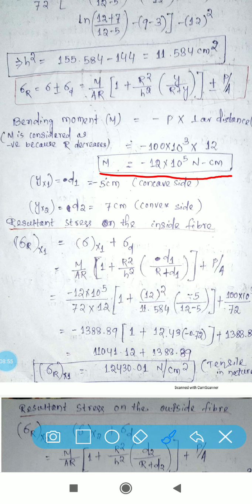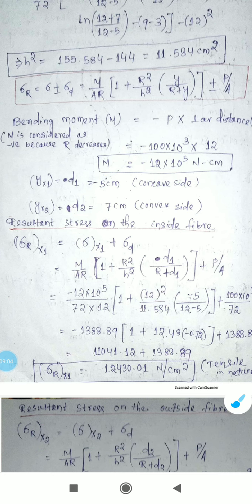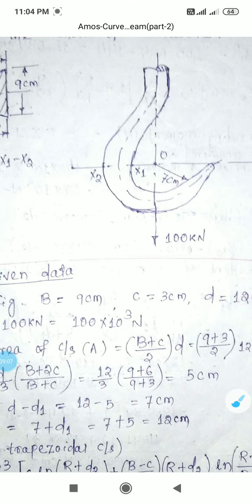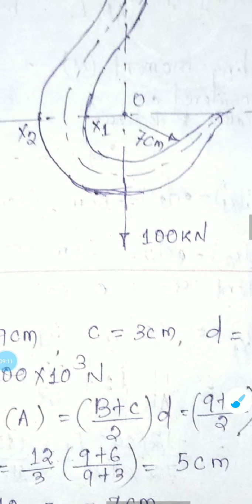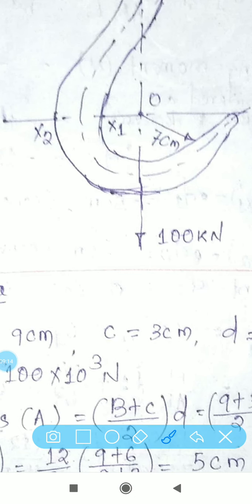Then the next step is D1 and D2. Here, which side is D1 and which side is D2? See the problem again. This one is your D1 side and this one is your D2 side.